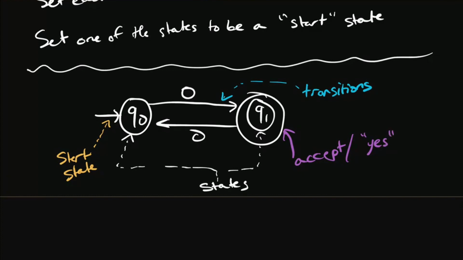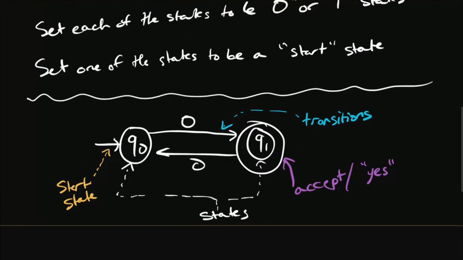So if we end up in this state, then we say yes. Question for you. Because computers are deterministic, if I'm in Q1 and I still have input left, can I say yes right now? No, because computers have to do the exact same thing every time.